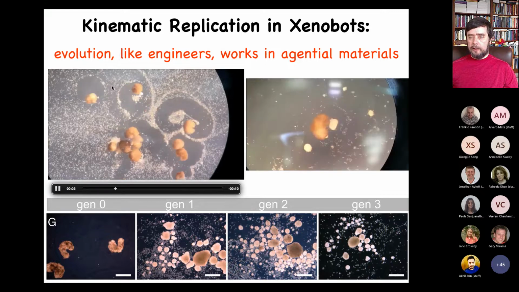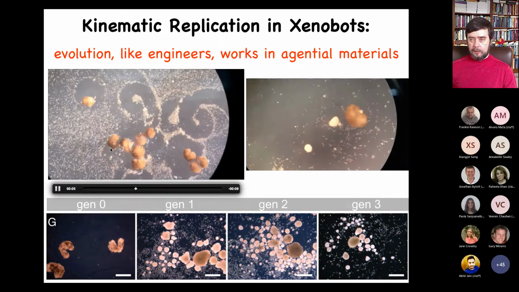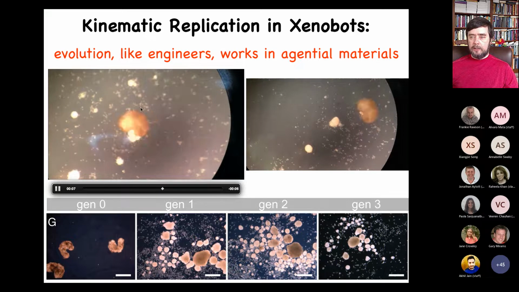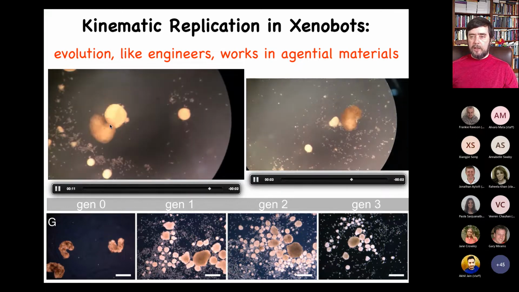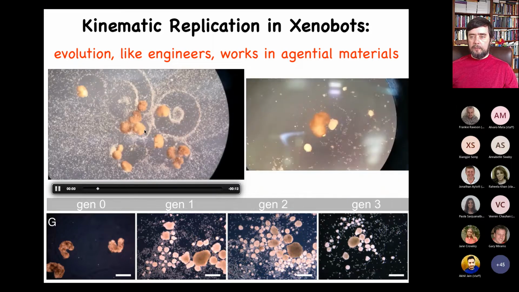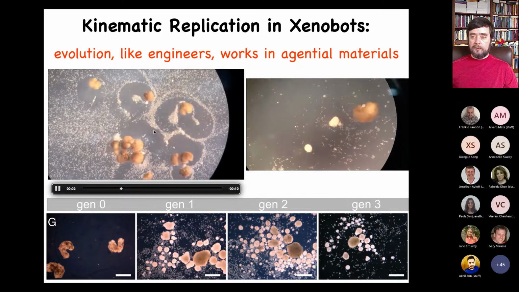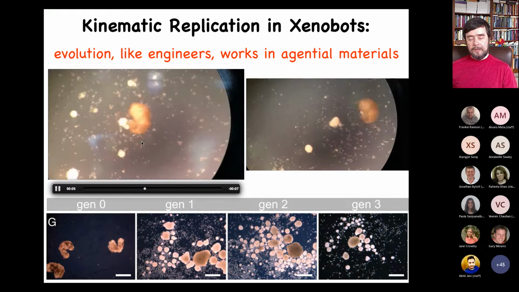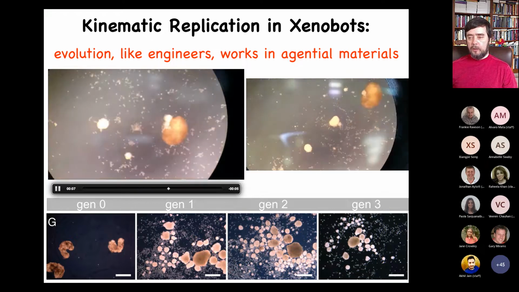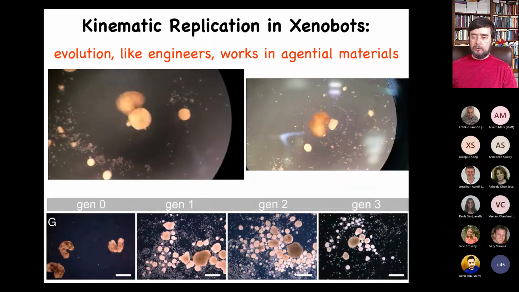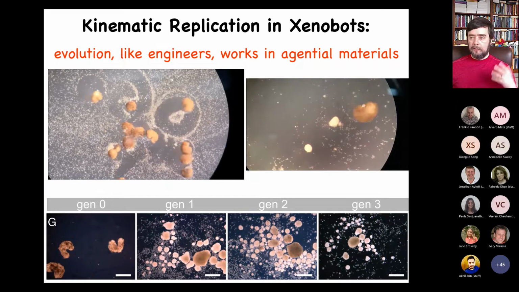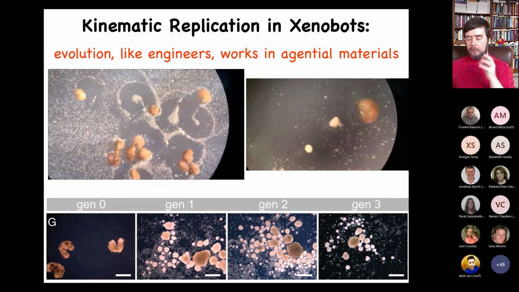What the xenobots do is they collect these cells into little piles. They polish the little piles into little spheres, and then the competency of the cells take over, and those little spheres become the next generation of xenobots. Each generation of xenobot produces the next generation. Once the little spheres are mature, they start running around and doing the exact same thing, collecting cells in the environment and making more bots.